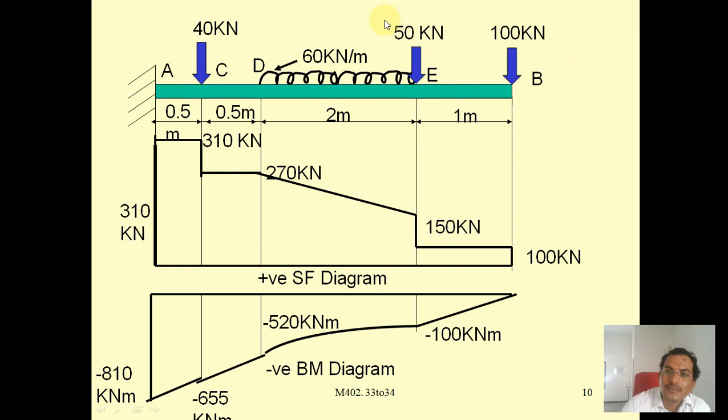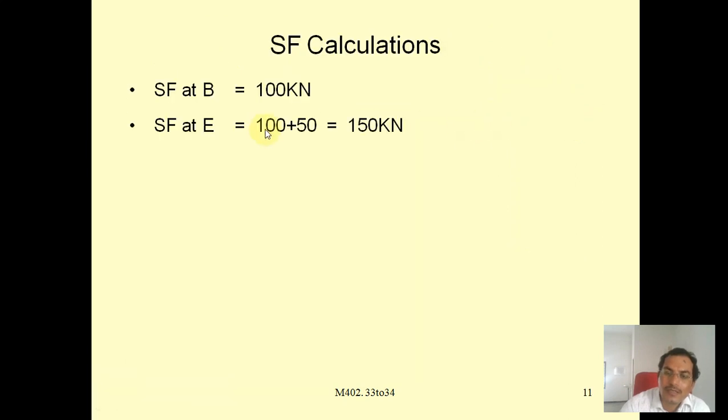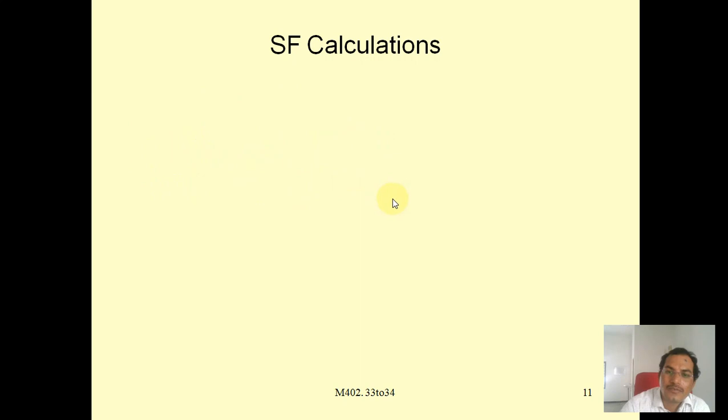So 100 plus 50. The force is having upward direction, upward on the right side and downward on the left side, so it is positive: 100 plus 50 is equal to 150. And the shear force at the D point we can calculate here.